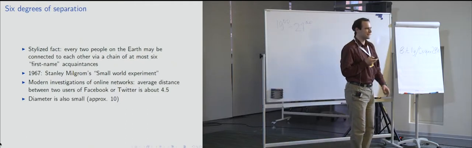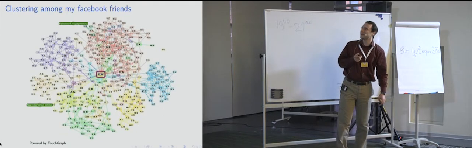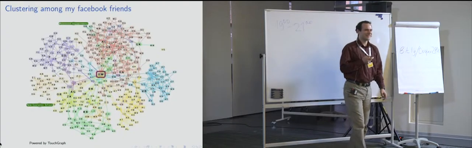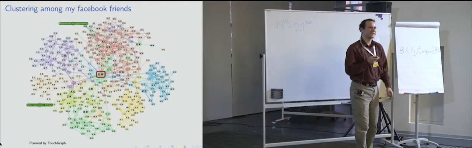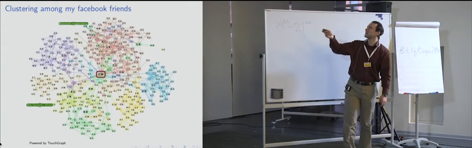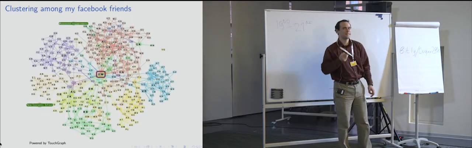Another property is clustering, and I have an illustration. These are my neighbors in Facebook. And here are two properties. First, there are a lot of clusters that are densely connected within themselves and are not connected to each other.